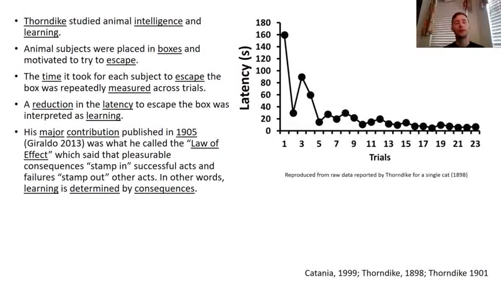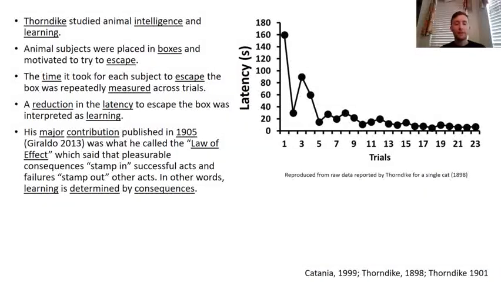So Thorndike might have said, "Hey, the lever pressing, or the button pressing, or pulling the loop of wire, is the response that was stamped in by escape from the box." And then other acts, such as maybe rearing in the box or sniffing the walls or corners of the box, would be stamped out because those responses didn't produce the consequence of escaping the box and getting access to the food.